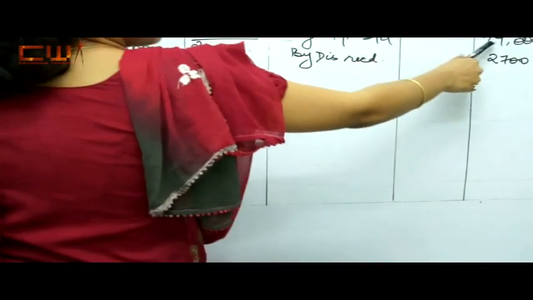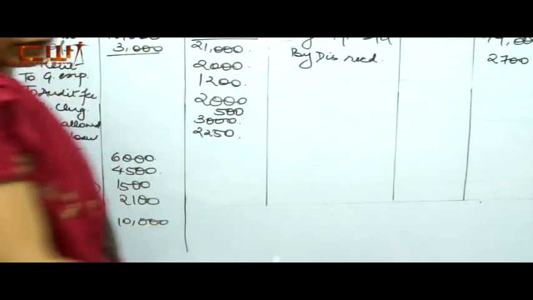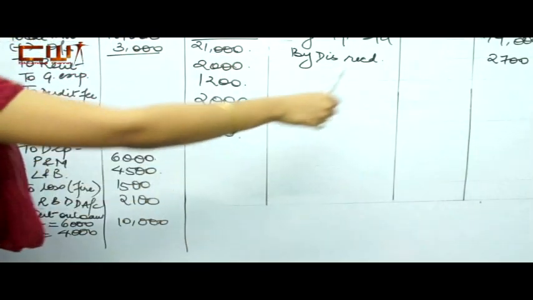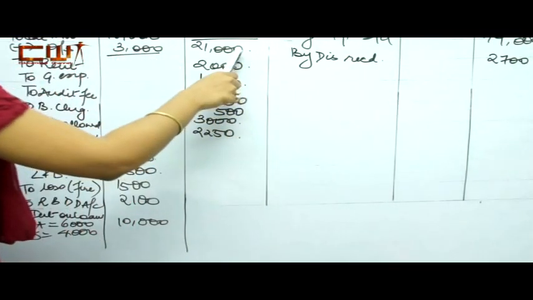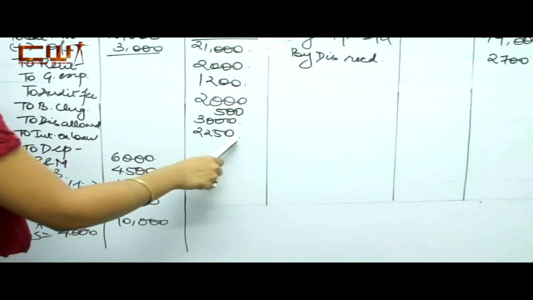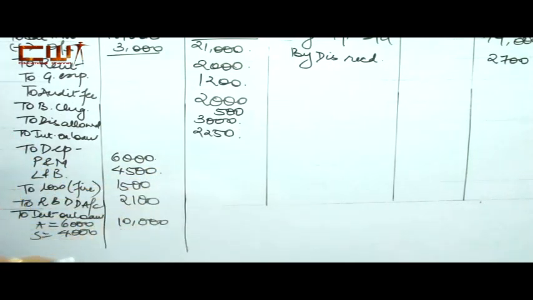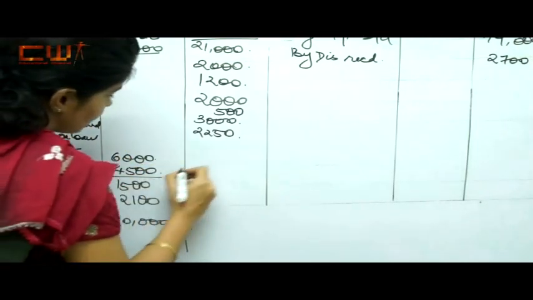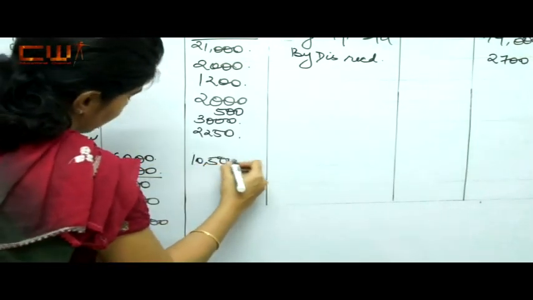So 79,000 plus 2,700, that will give you 81,700. Now 81,700 minus 2,000, 1,200, 2,500, 3,000, 2,500. You have all these figures, add up 6,000, 4,500. This will give you 10,500.